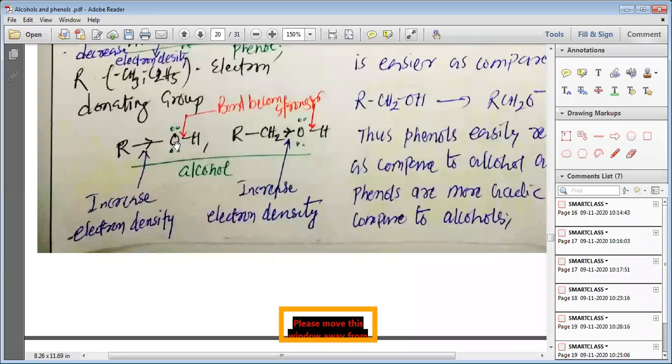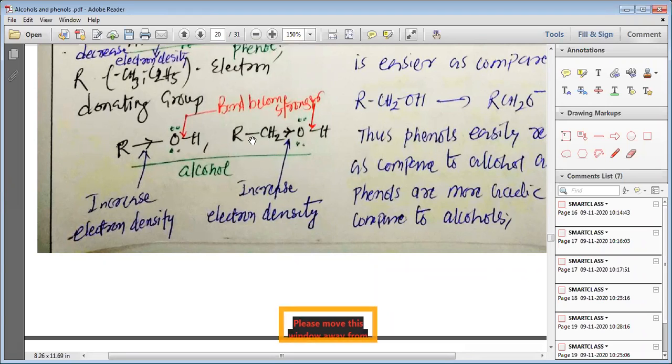And that is why this oxygen in the alcohol, compared to the phenol, attracts the shared bond pair of electrons less, and that is why the presence of an alkyl group makes the OH bond comparatively stronger as compared to the phenol.